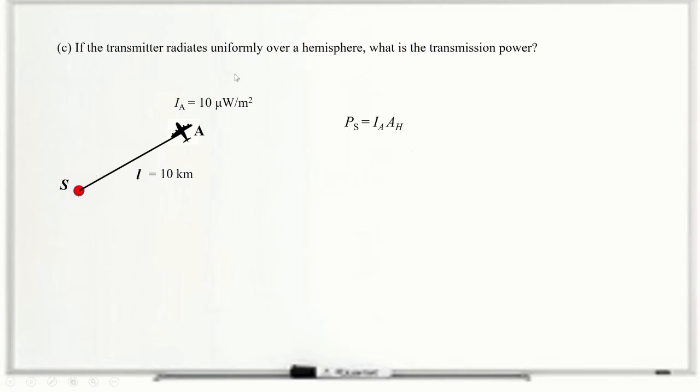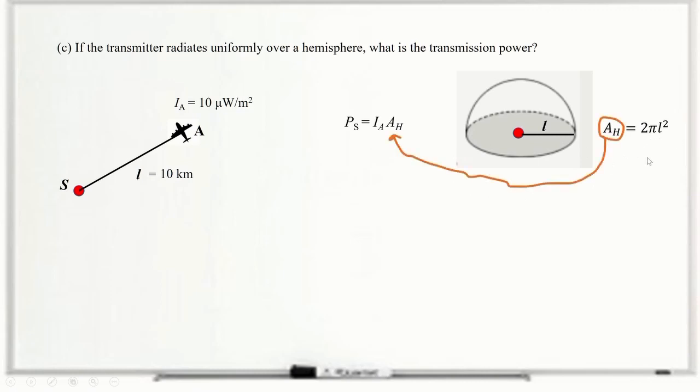In our case, this area is a hemisphere with the center in the source and radius equal distance to the plane. We know that the area of the hemisphere is 1/2 of the area of the entire sphere, so it is 2 pi L squared.